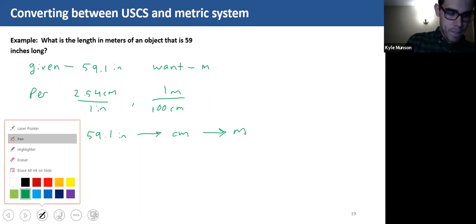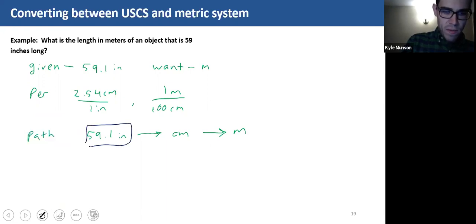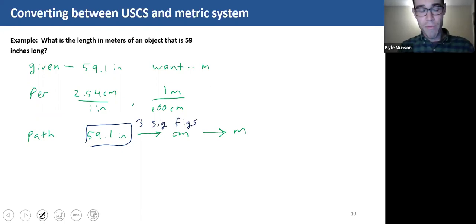Okay, so changing colors, let's write this out. And I'll just say this before I even start. This has 3 sig figs. So my answer can only have 3 sig figs.